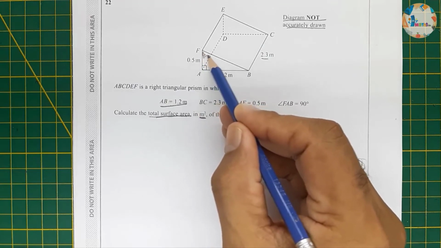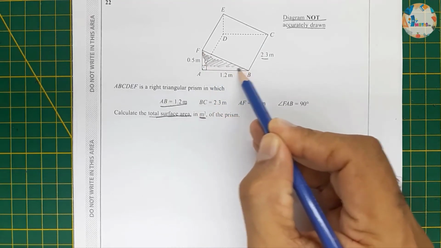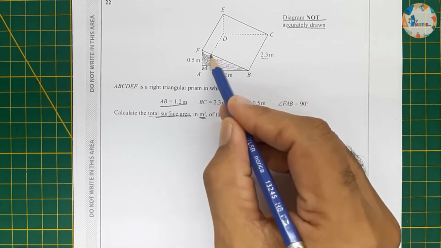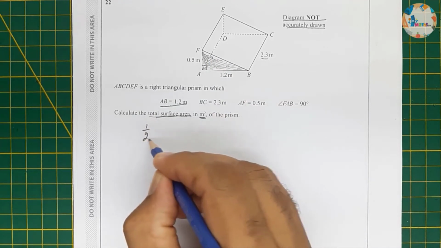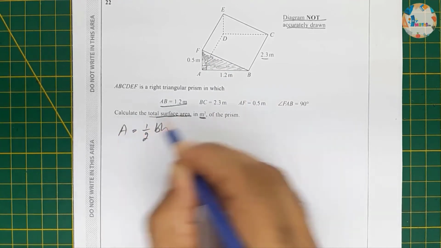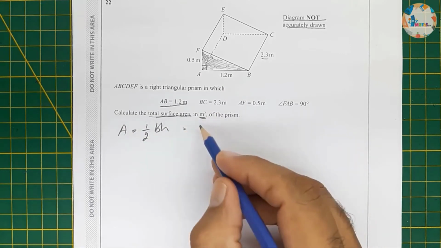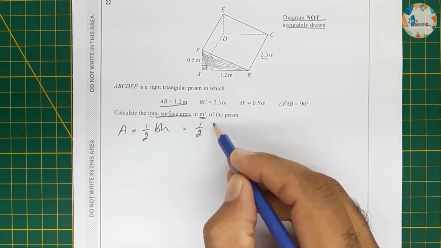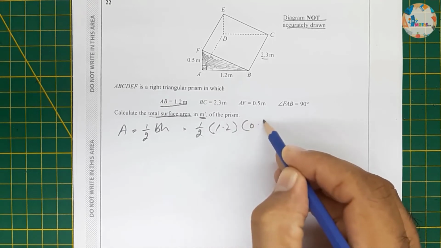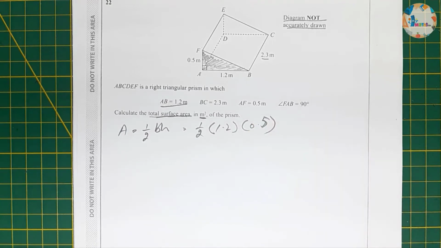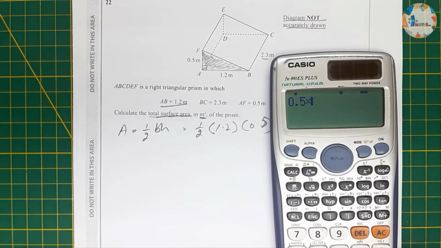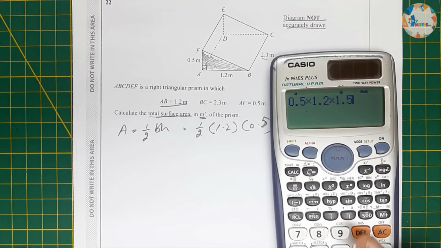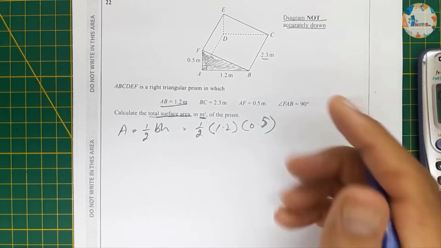So first of all we will calculate the face area, which is the area of the triangle. Area of the triangle will be half into B into H. So area of triangle will be equal to 1 by 2 into base 1.2 into H, which is 0.5, and we can calculate this area. 0.5 multiplied by 1.2 multiplied by 0.5, so this will be equal to 0.3.